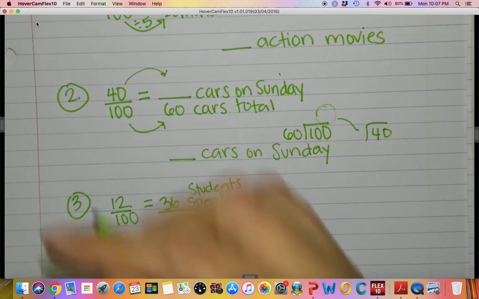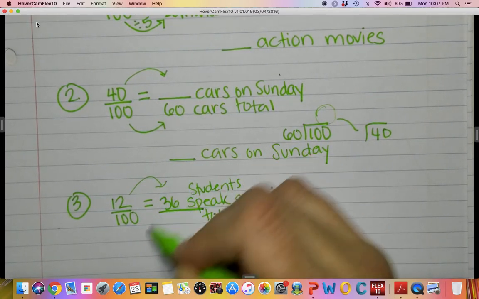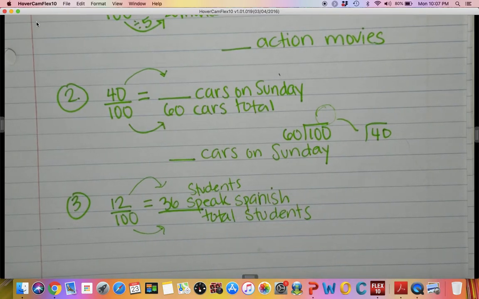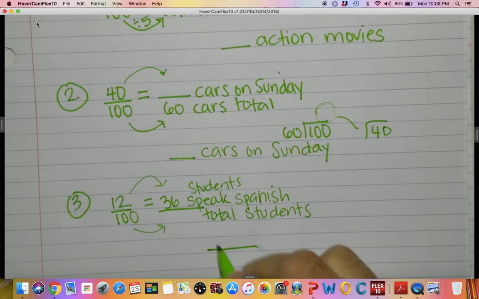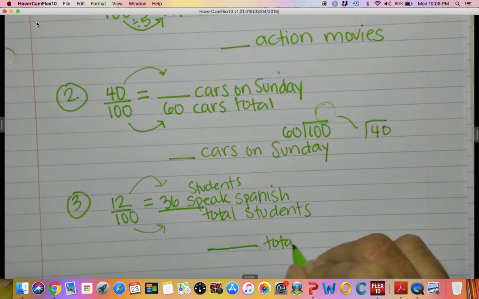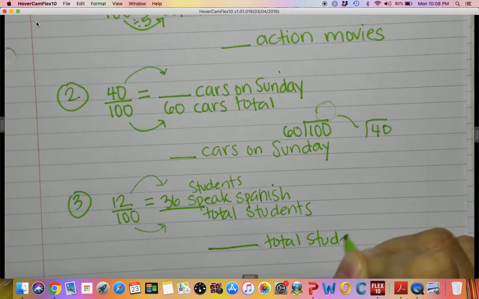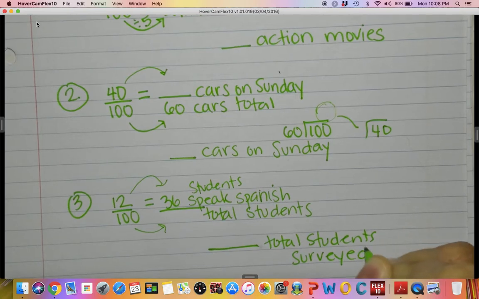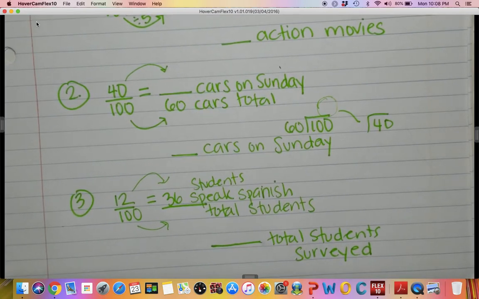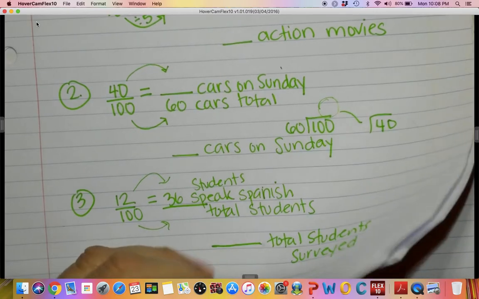So for this one, what do we do to 12 to get 36? 36 is larger, so we're going to multiply by something. What multiplied by 12 gives us 36? Do the same thing to 100. Total, and we got a label, total students surveyed. All right, I'm out of room. I got to flip my page.